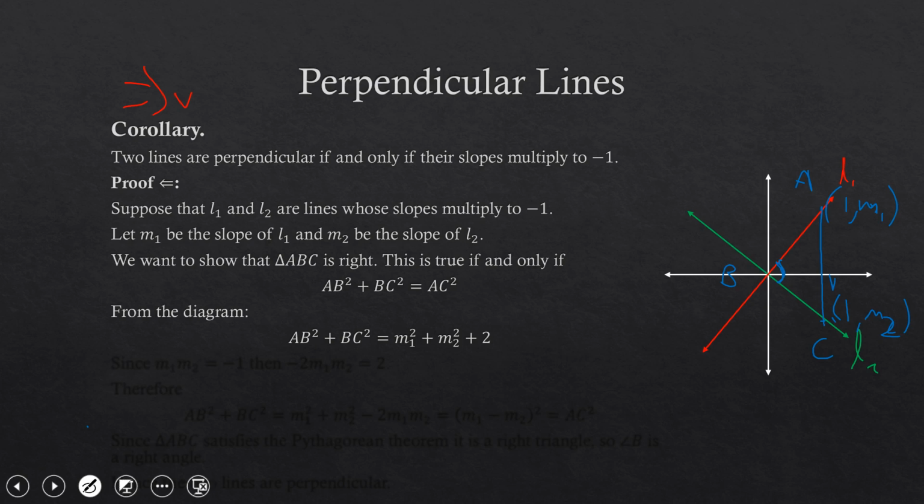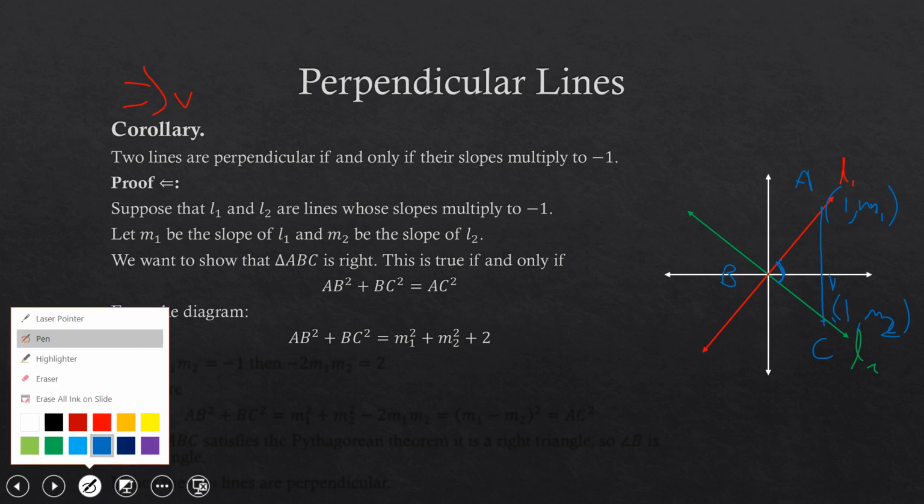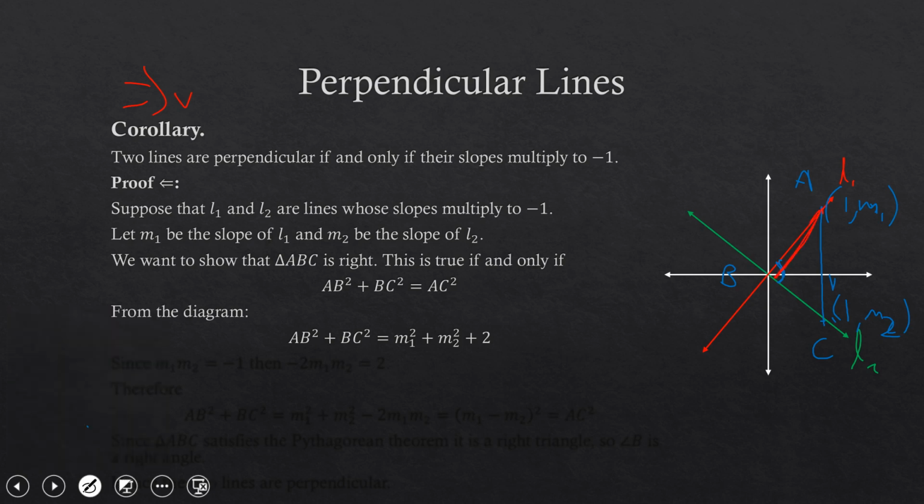So why is this true? Well, it's the same reason we had earlier. You find the length of the red segment, so you find the length of AB over here, and we did that by looking at this right triangle with 1, M1, and AB as the three sides, and the Pythagorean theorem gave us that AB was equal to the square root of 1 plus M1 squared.